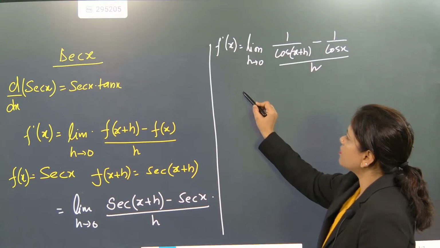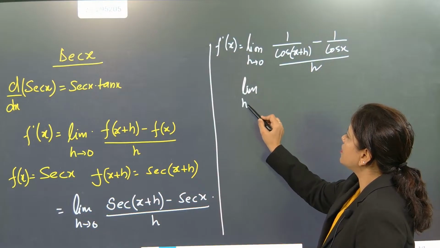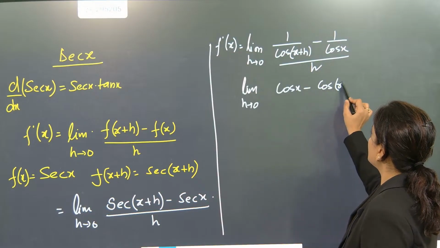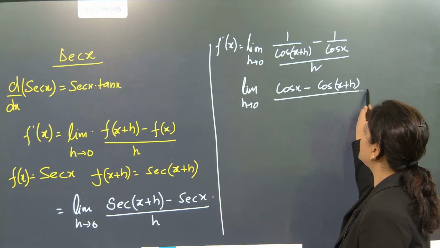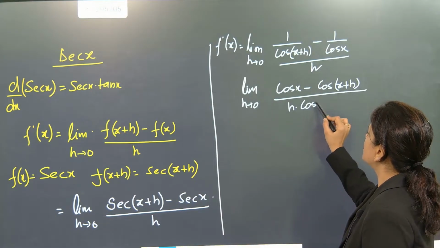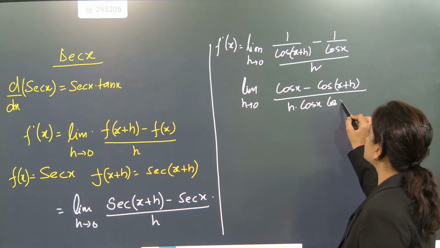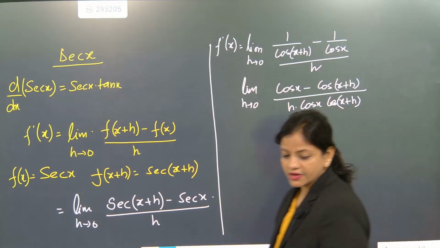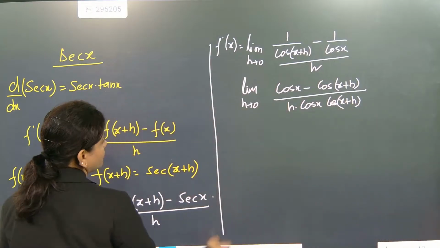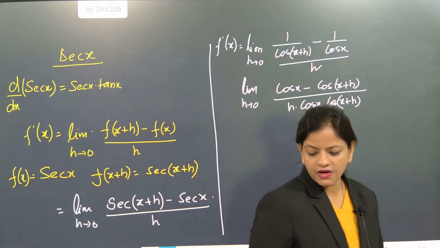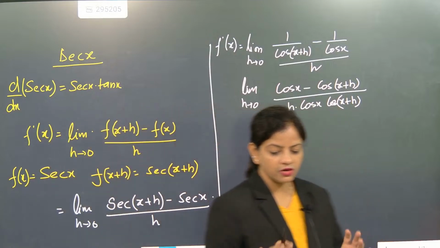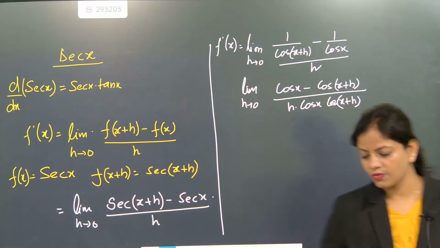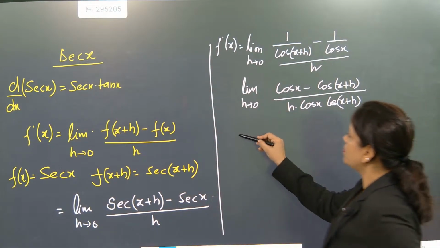Done. So now cross multiplication has to be done. Here it will become cos of x minus cos of x plus h, and the denominator part is h into cos x into cos of x plus h. Then now the cos C minus cos D formula. What is the formula for cos C minus cos D?